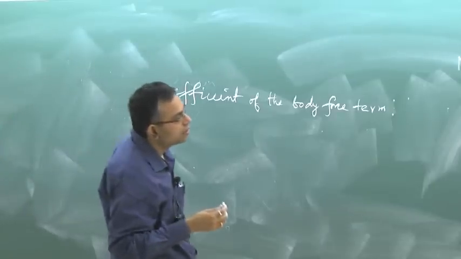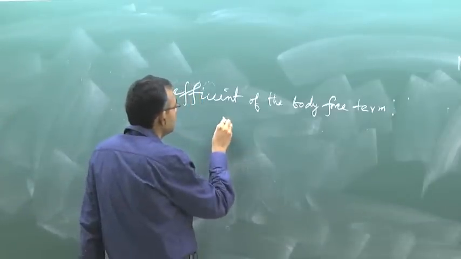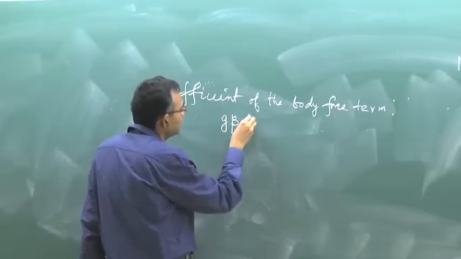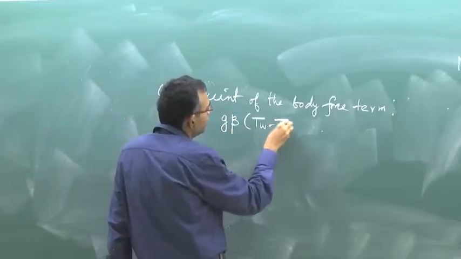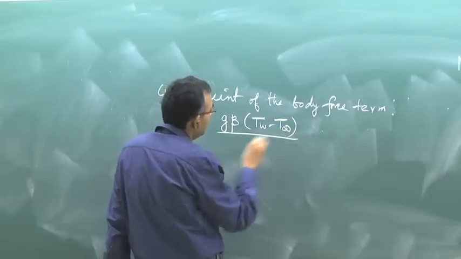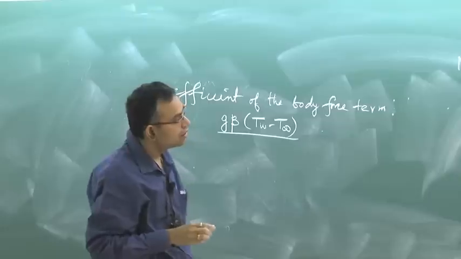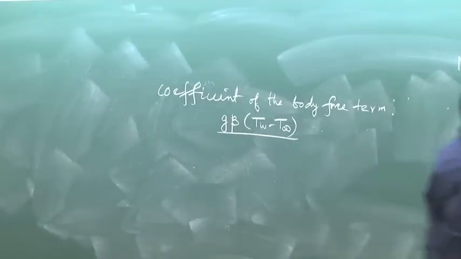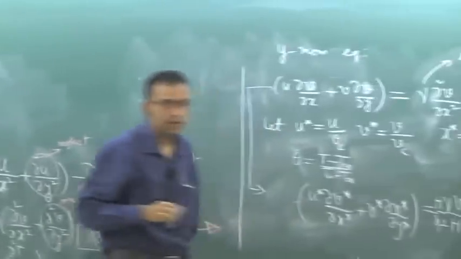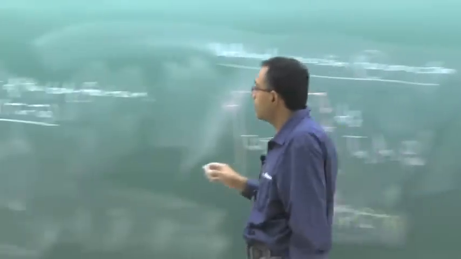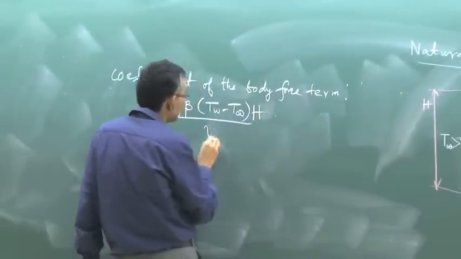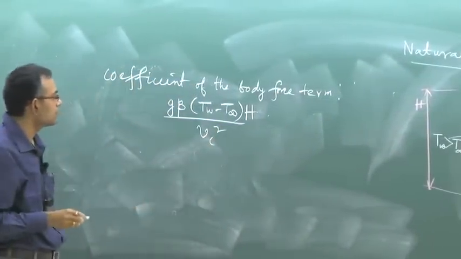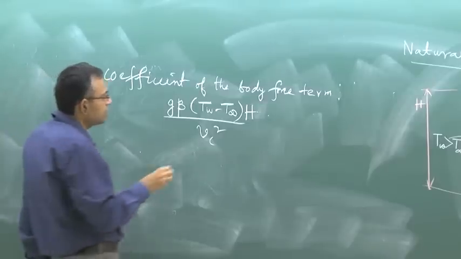So g beta (T wall minus T infinity) by, there is an h, there was an h, so we multiplied by that, right. So g beta (T wall minus T infinity) by, so this you can write.